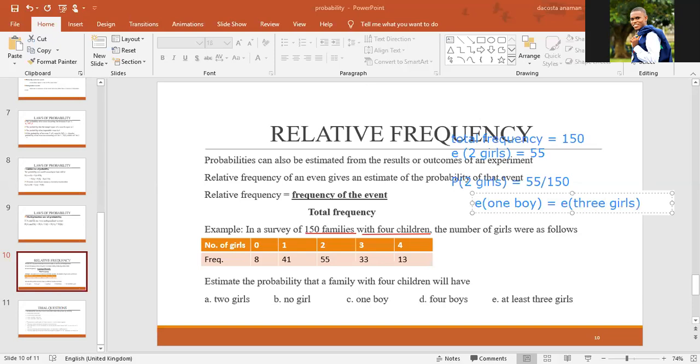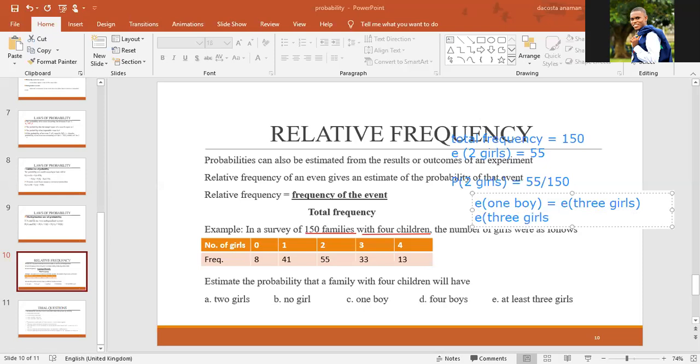Because the family is having one boy and they only surveyed families with 4 children. So if the family is having one boy, that means the family will have what? 3 girls.